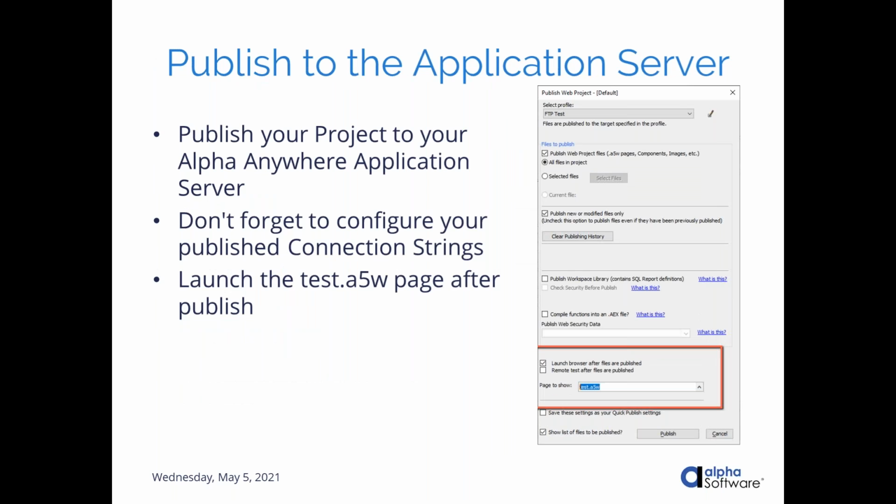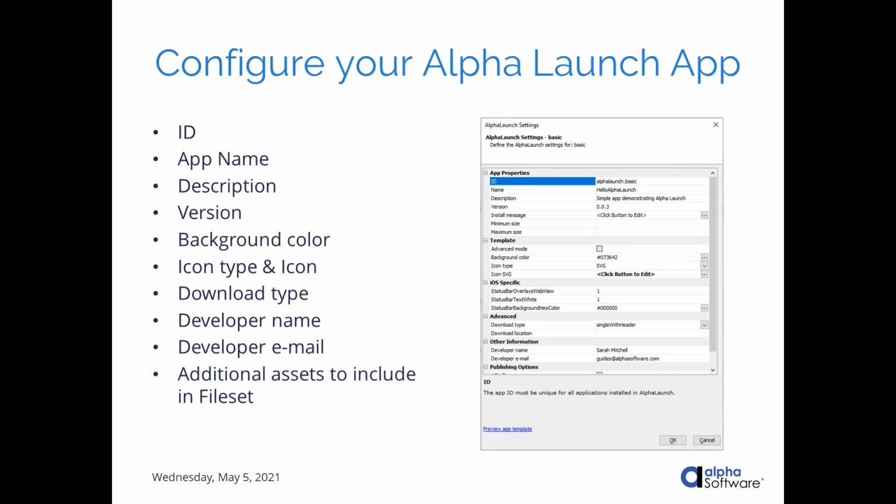So when you've published, the next thing you're going to do is start preparing the Alpha Launch component of configuring things. And that's done through the Web Project Control panel under the More menu. There's an Alpha Launch section, and then you can open up the Alpha Launch publishing dialog. And in there, you're going to add in your apps to publish to Alpha Launch, and an app is a UX component in the context of Alpha Launch.